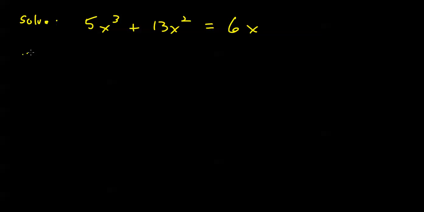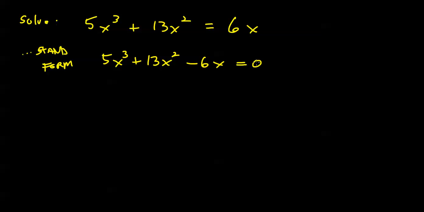Alright, first step, probably a good first step in all these problems, is to get your polynomial expression into standard form. In other words, arrange your terms in decreasing degree equaling 0. Alright, so we want to solve, and solve by factoring is our only technique here, so I'm going to try to factor the left-hand side. Well, let's see, what can I do here?